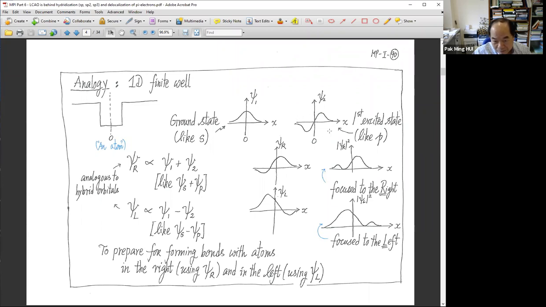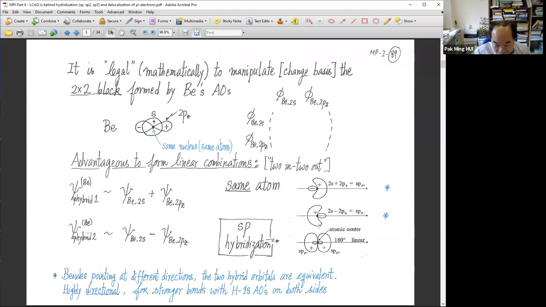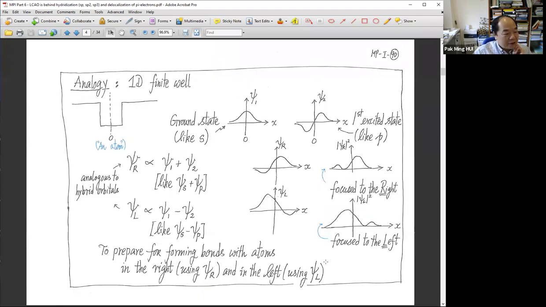See my cross? It will give this one, and that is like this one, okay? So keep this simple-minded finite well picture in your mind, and hybridization is nothing anymore, okay?